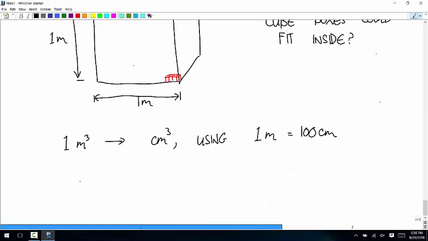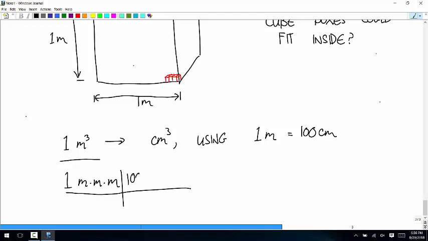So we're going to start with 1 cubic meter. That's 1 meter times meter times meter. And we're going to multiply that by the ratio, either 1 meter over 100 centimeters or 100 centimeters over 1 meter. We want the meter in the denominator to cancel these.